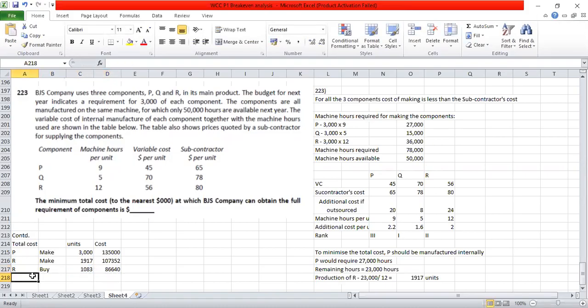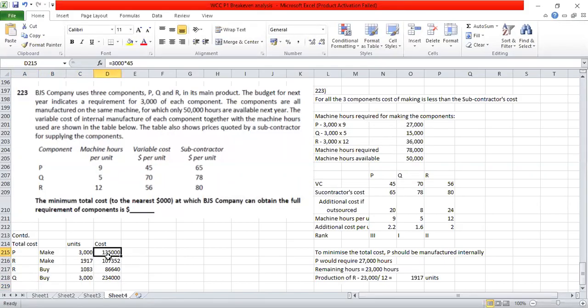Then coming to Q, all 3,000 components will be bought because the machine hours are not available. So the number of units of this particular component is 3,000. All of them will be bought at 78.